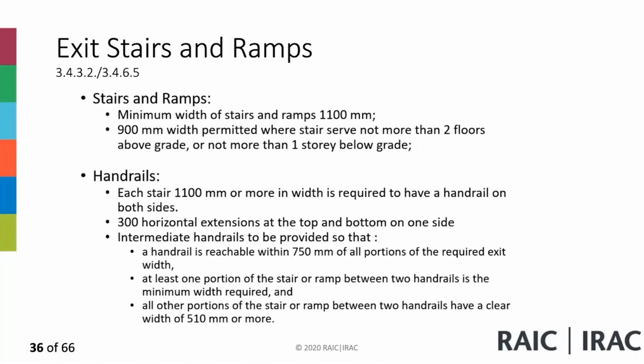At least one portion of the stair or ramp between two handrails is the minimum width required, and all other portions between two handrails have a clear width of 510 millimeters or more. So when we have more than 1100 millimeters, we start looking at the provision of having intermediate handrails. That's all in 3.4.3.2, 3.4.6.5.